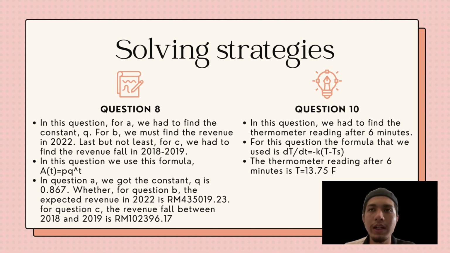For our question 10, we had to find the thermometer reading after 6 minutes. Second, the formula that we use is dT/dt = -k(T - Ts). And last, the thermometer reading after 6 minutes is 13.75 Fahrenheit.